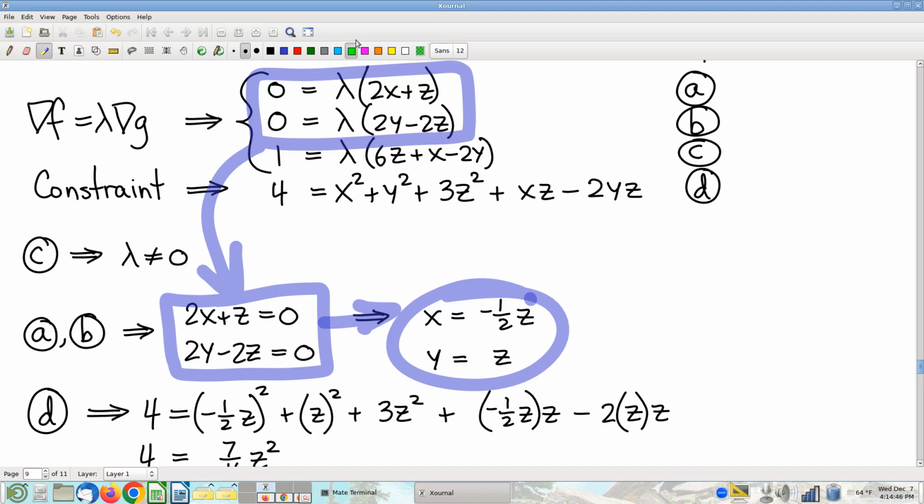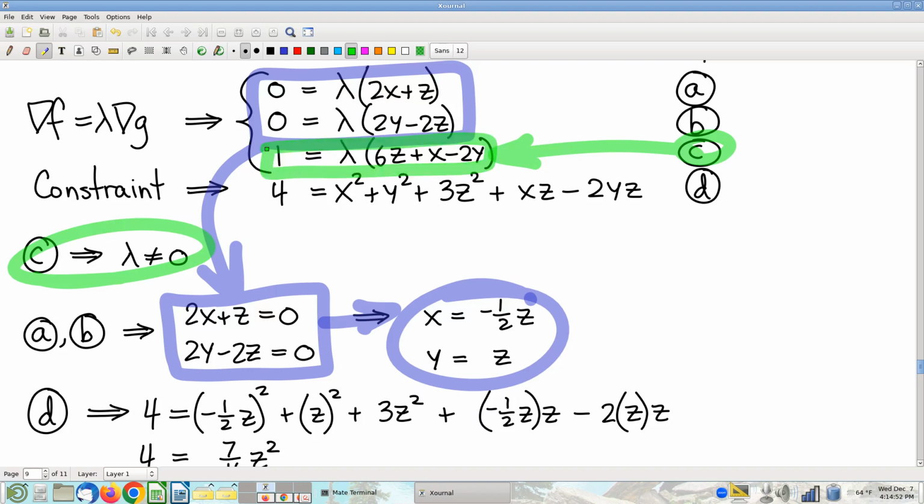And you'll notice that is what we get from this equation. If lambda were 0, I'm going to have 1 equals 0. Boom. Can't happen. Lambda is definitely not 0. Then I can cancel it and go on to solve the system. Everybody good? Everybody see the point there?